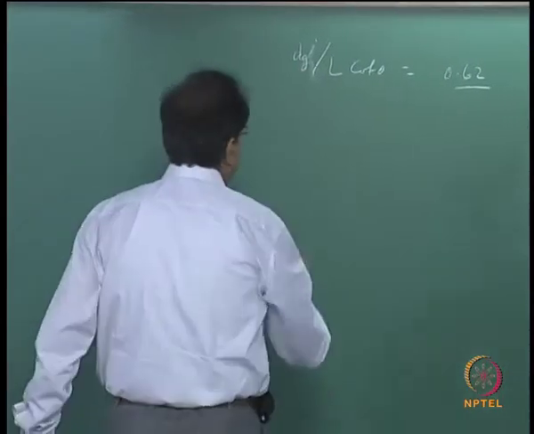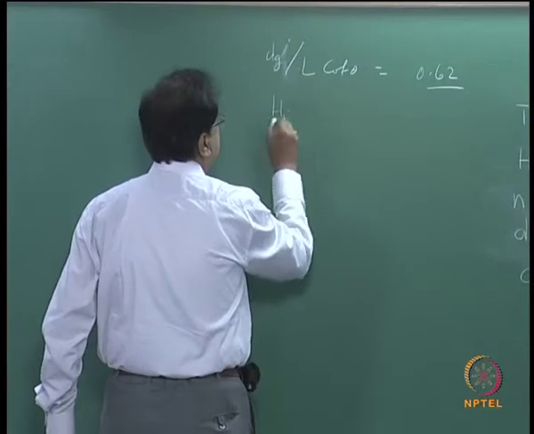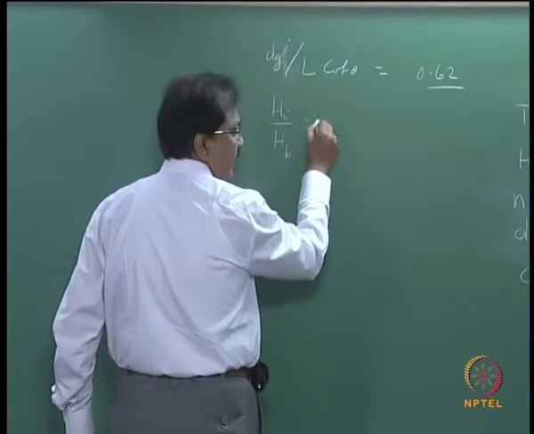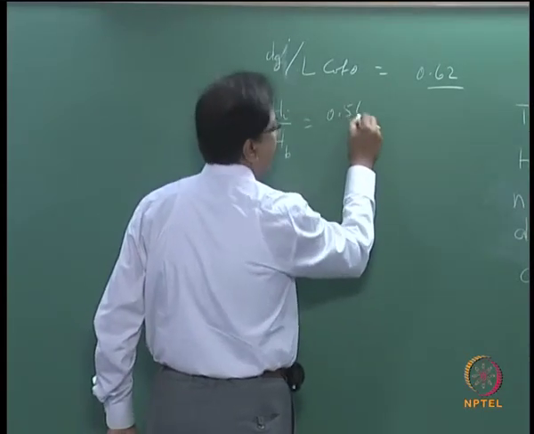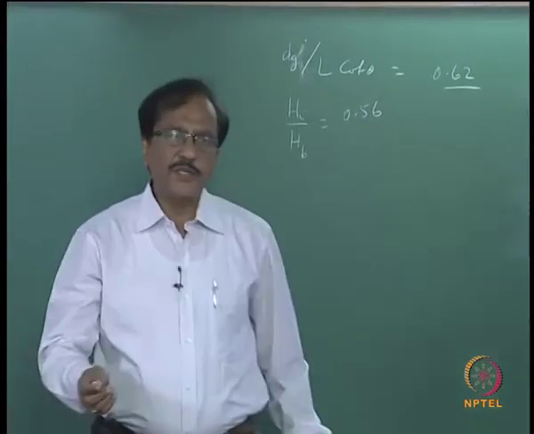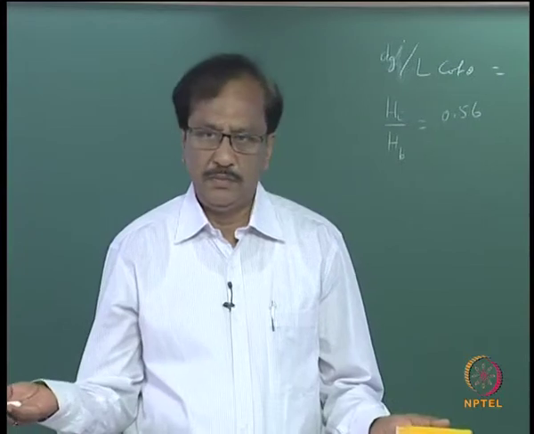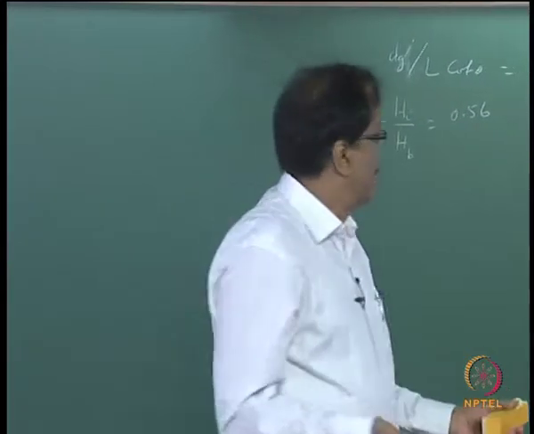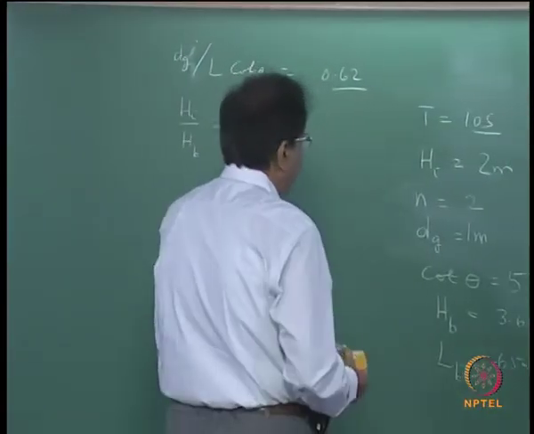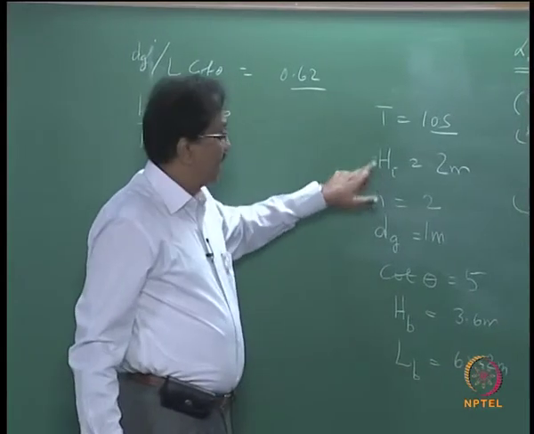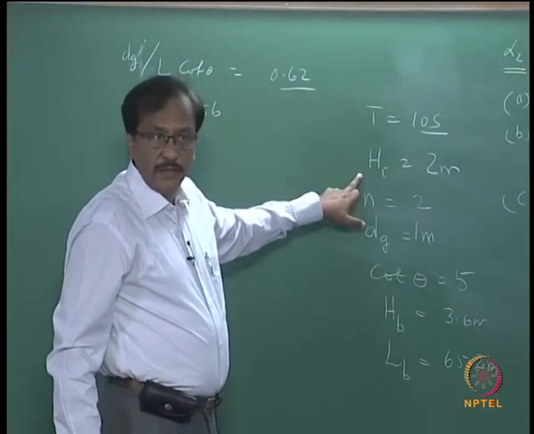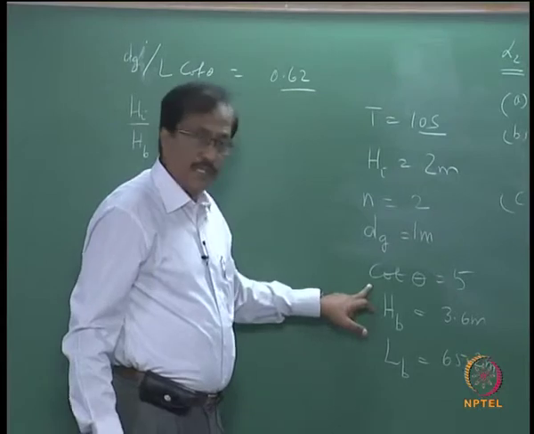Then you calculate hi by hb. The situation might happen that hb would not have been given to you, but you are given T, hi, and the slope.